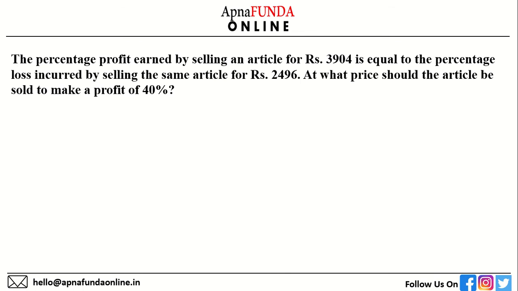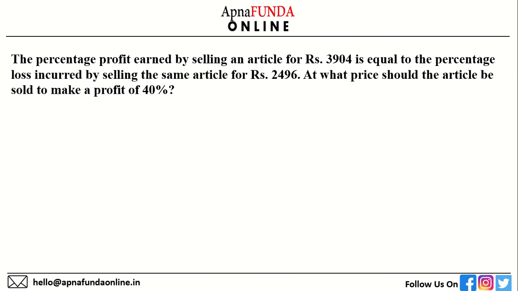Next question. The percentage profit earned by selling an article for rupees 3,904 is equal to the percentage loss incurred by selling the same article for rupees 2,496. At what price should the article be sold to make a profit of 40%?